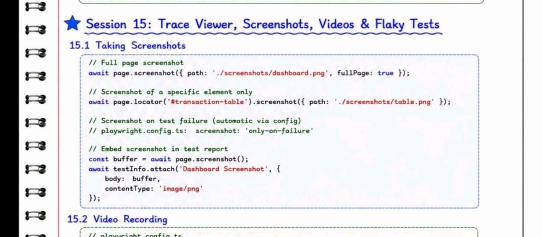And then we have talked about the trace viewer, screenshots, videos and flaky test cases handling.